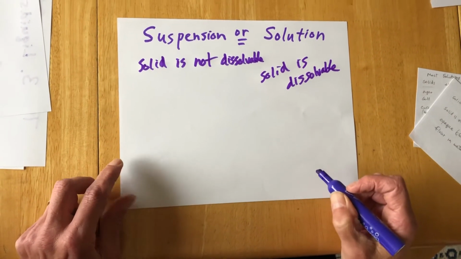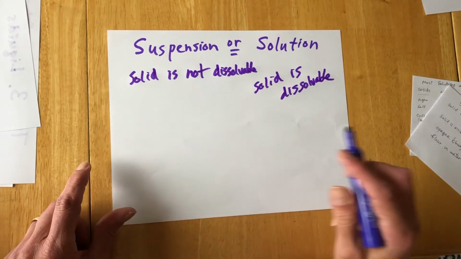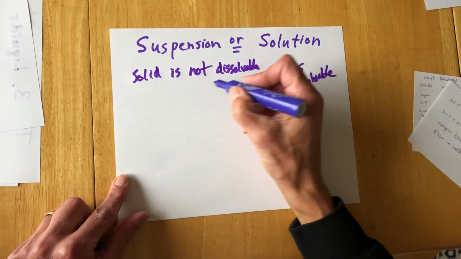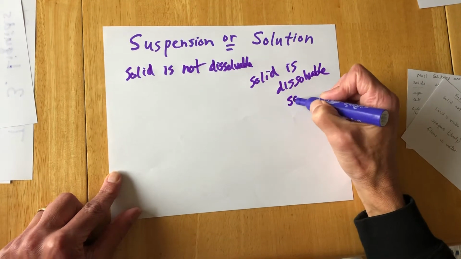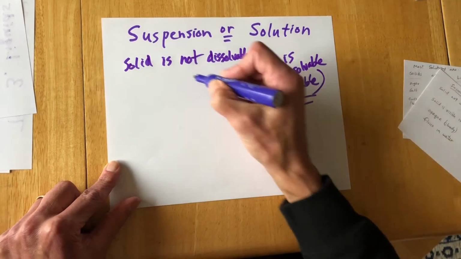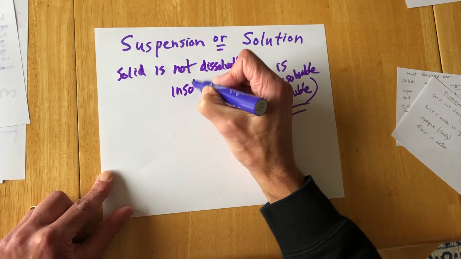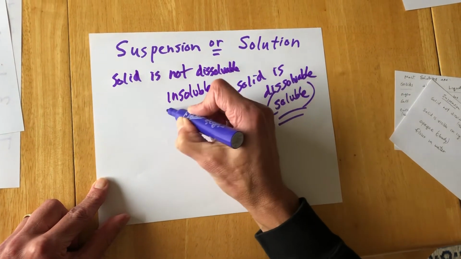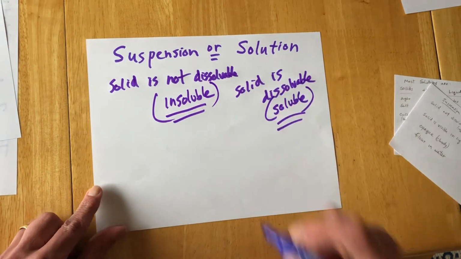Two words that would be better than not dissolvable or dissolvable are soluble or insoluble.